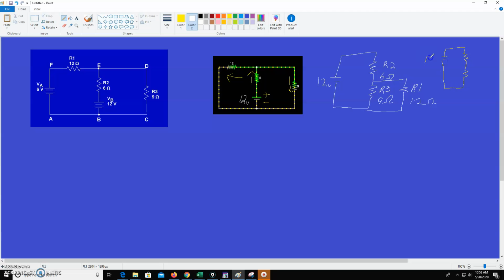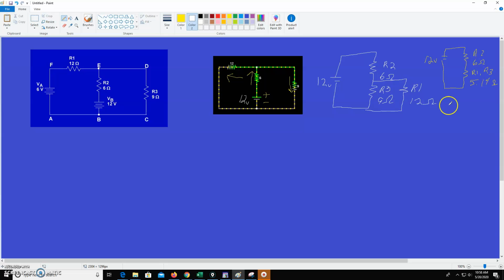This is still 12 volts, and yes, it's supposed to be connected, but just indulge me. So this is R2, 6 ohms. This is R1 and 3. R1 and 3 is 5.14 ohms.